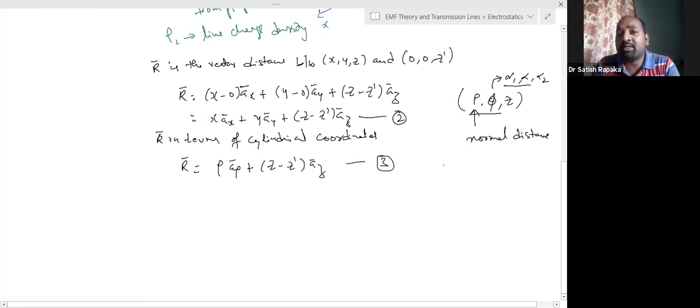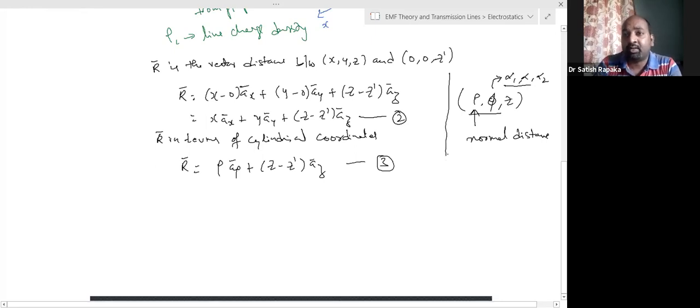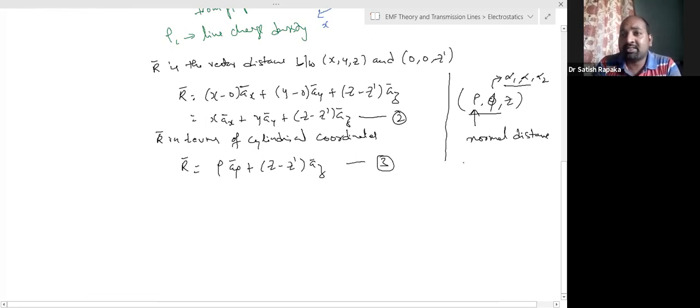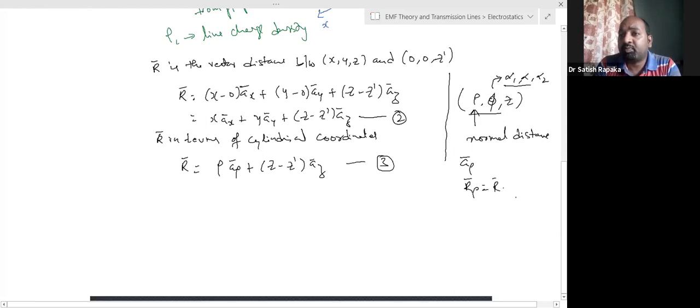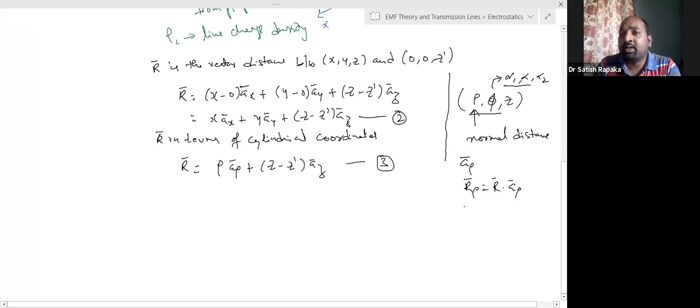How to convert the Cartesian coordinates into cylindrical coordinates, that we have discussed earlier, right? If you want the rho component, you can get the rho component of R by dot producting with a rho bar.